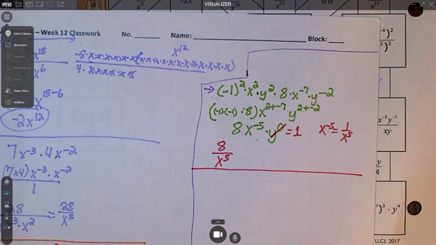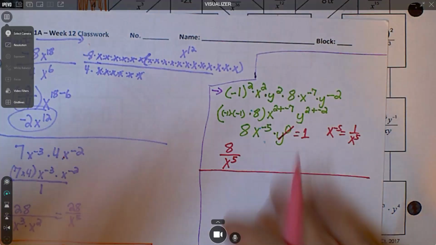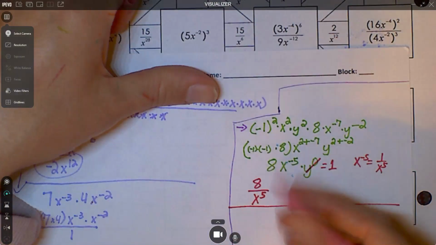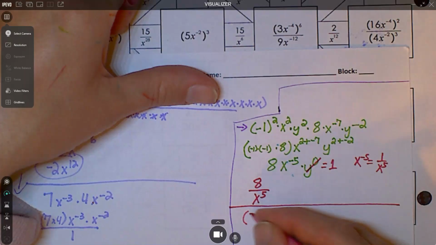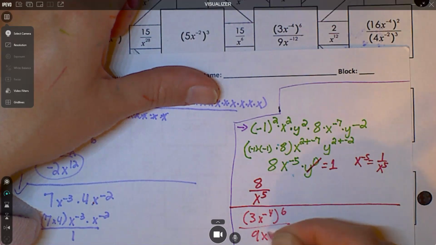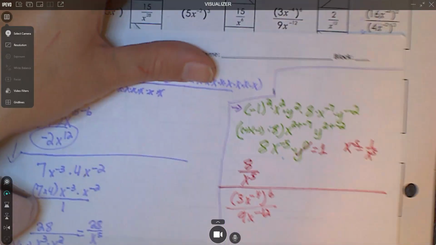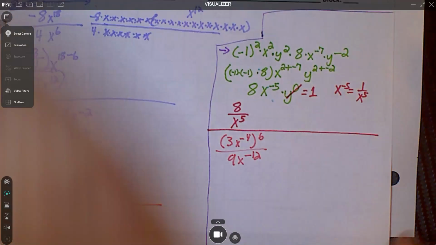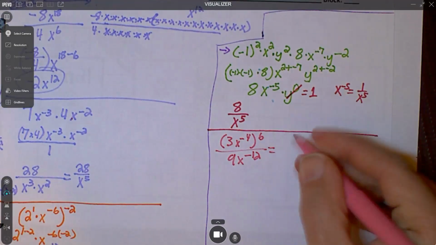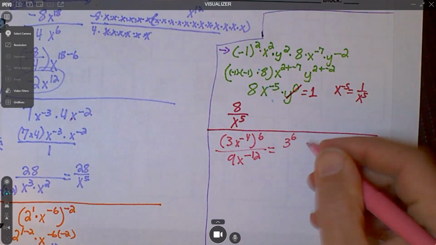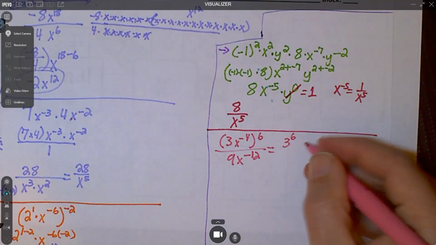Okay, so got 3 to the 6th times negative 4 times 6.